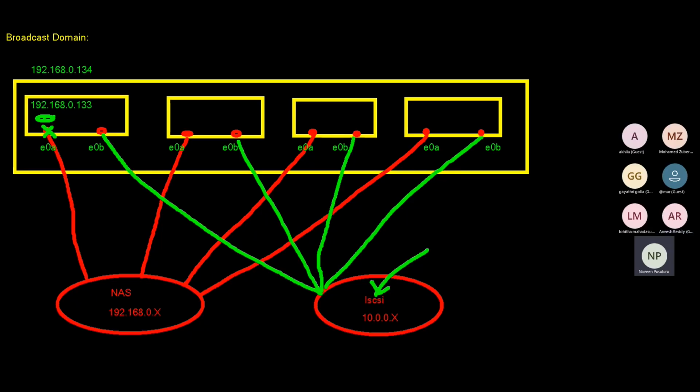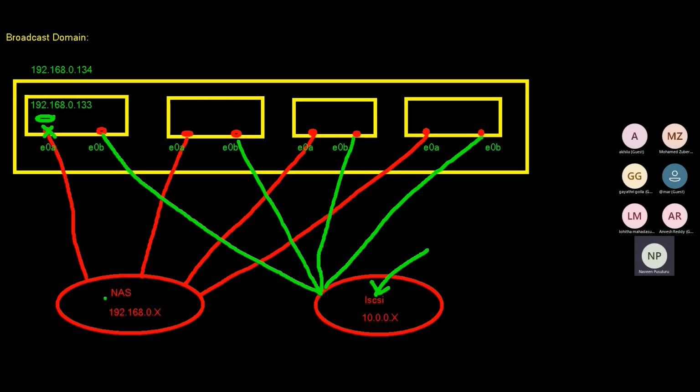That is not possible. We can configure multiple IPs, multiple LIFs, but those IPs should belong to the same network, because a single interface cannot be connected to multiple networks. This is a different network, this is a different network.